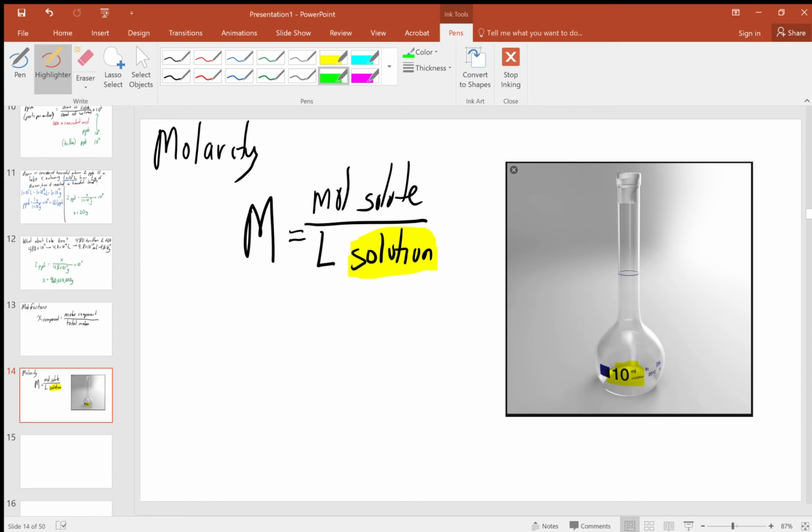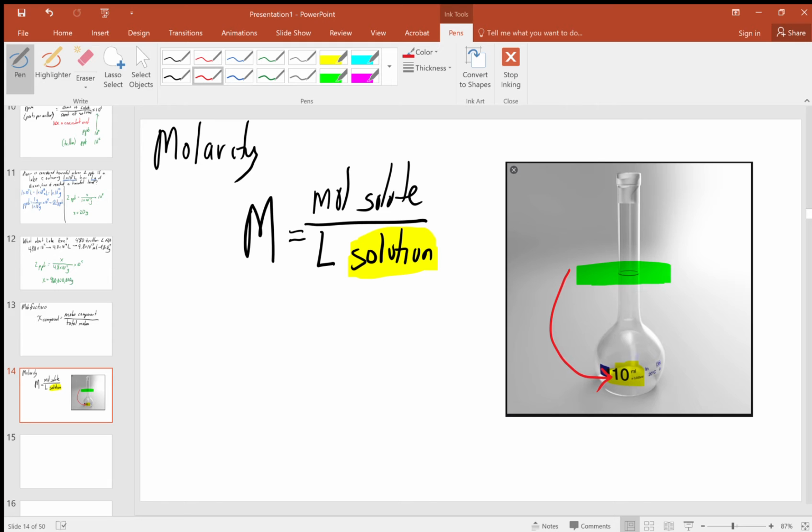Now, the negative of a volumetric flask is it can only be used to measure one thing, and that's the volume that's listed. So this line right here that you find in a volumetric flask represents that number of milliliters. So you can't use it to measure more than 10 or less than 10.